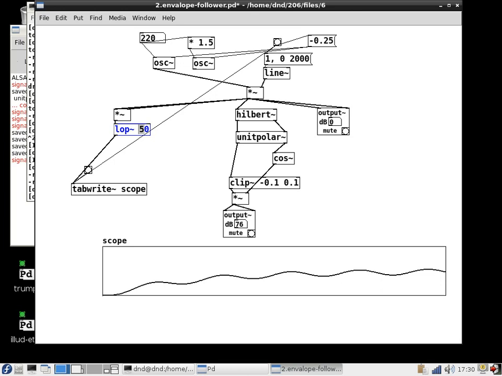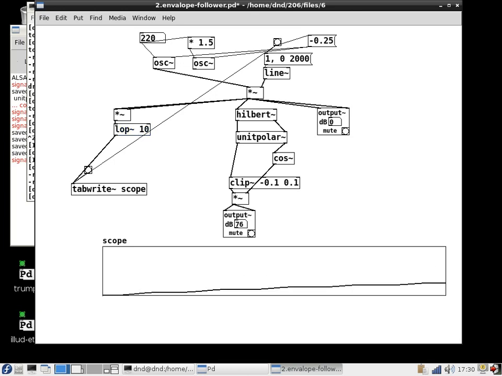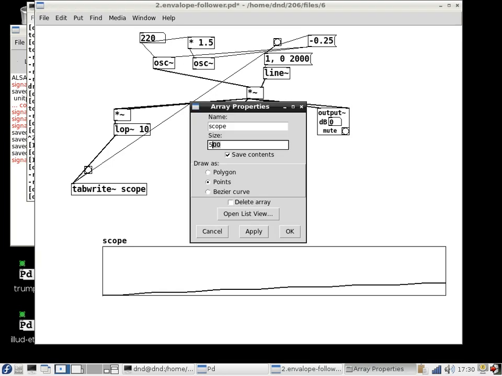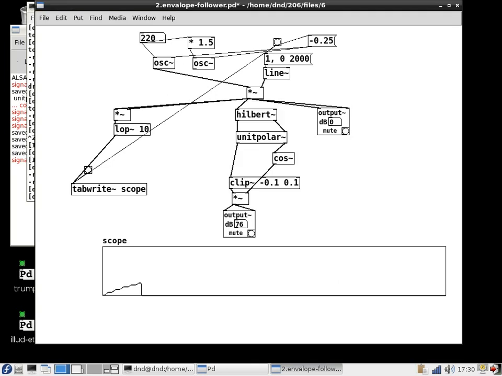And let's make the low pass be a lot lower. And then, well, okay, properties. Let's see, this is not very much time. This is 500 samples, so what is a good amount of time to look at? 1/10 of a second, so 4410.